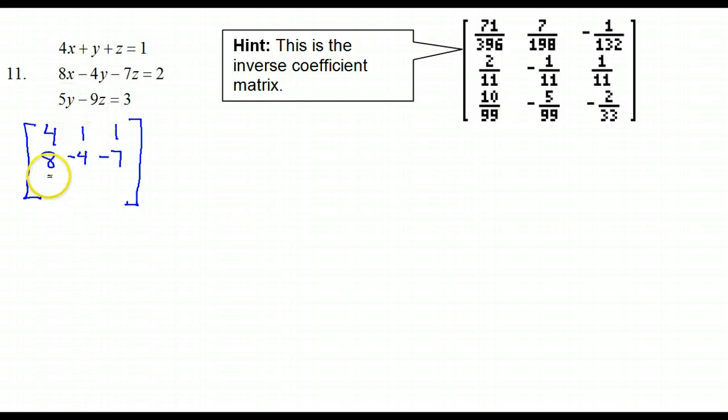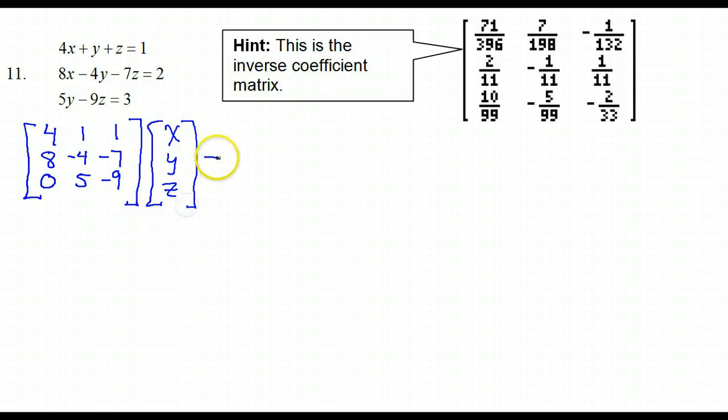I have my Y and my Z. So I put a 0 here, 0X, 5Y, negative 9Z. Be careful of where your zeros go. And then I'll have my variable matrix, X, Y, Z. And that should be equal to my constant matrix, 1, 2, 3.